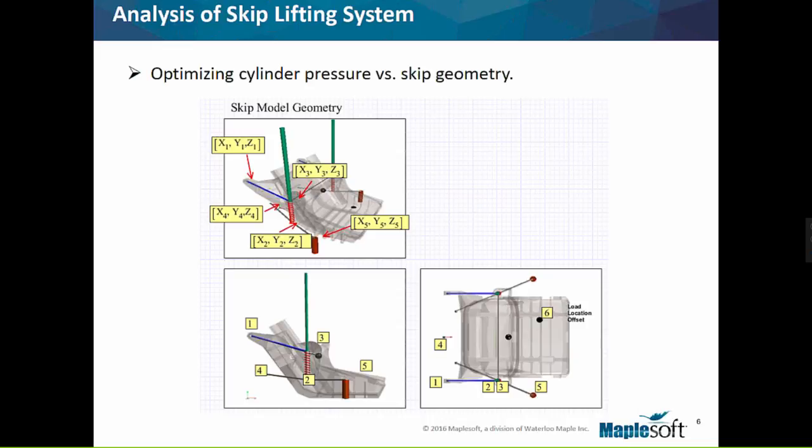Let's use the following example to learn how Maple and MapleSim help as modeling and analysis tools. What you see on the screen right now is a model diagram of a skip lifting system in MapleSim. This is part of a giant mining system called a dual truck mobile sizer made by a German company called F.L. Smith.